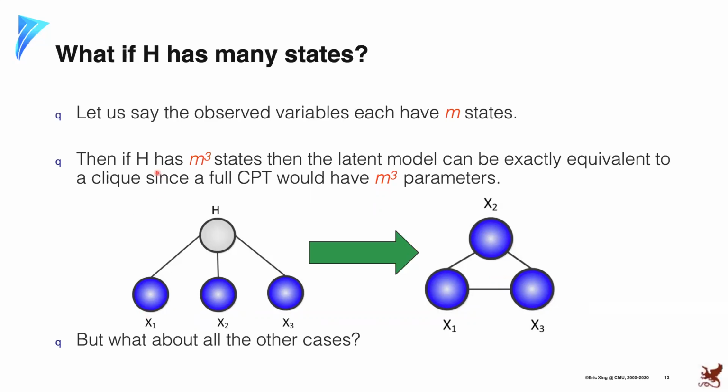If this h has m to the power of 3 states, then the latent model can be exactly equivalent to a clique, because of how we construct the conditional probability table based on this h. If h would have this number of states, we would have this number of parameters to construct the conditional probability table, and that is the number of parameters we need to describe that.